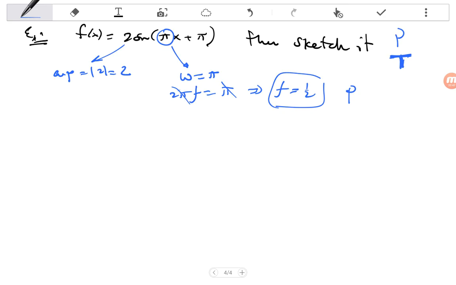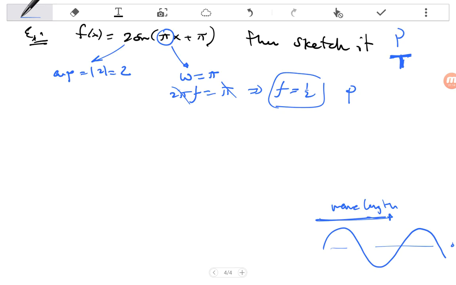By the way, when the variable is space, sometimes we can have a wave like this, but in space instead of time. What we have studied is a change in time. If the change is in space, we don't call it the period, we call it the wavelength. Have you met that term before? Wavelength.